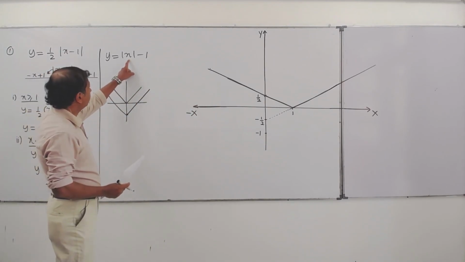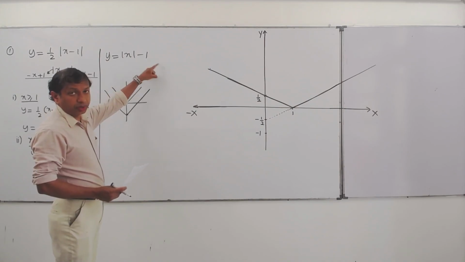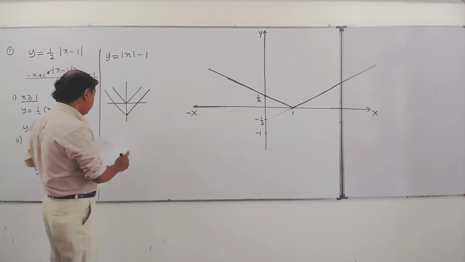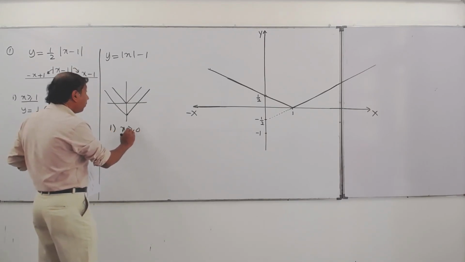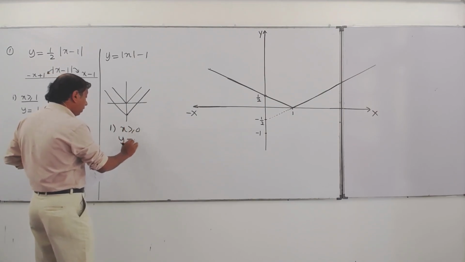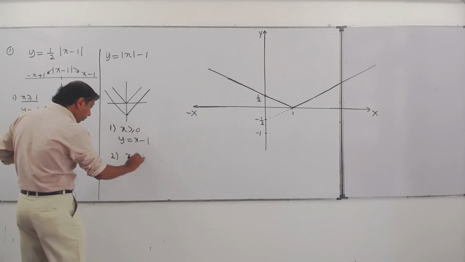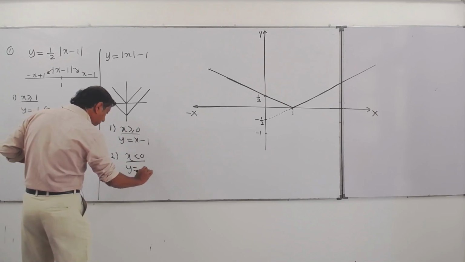Right, so this changes at 0. On the right of 0, mod x is x, so what we need to draw is the x minus 1 graph, for x greater than or equal to 0. In that interval, this is the graph we have to draw. For x less than 0, the graph we need to draw is minus x minus 1.